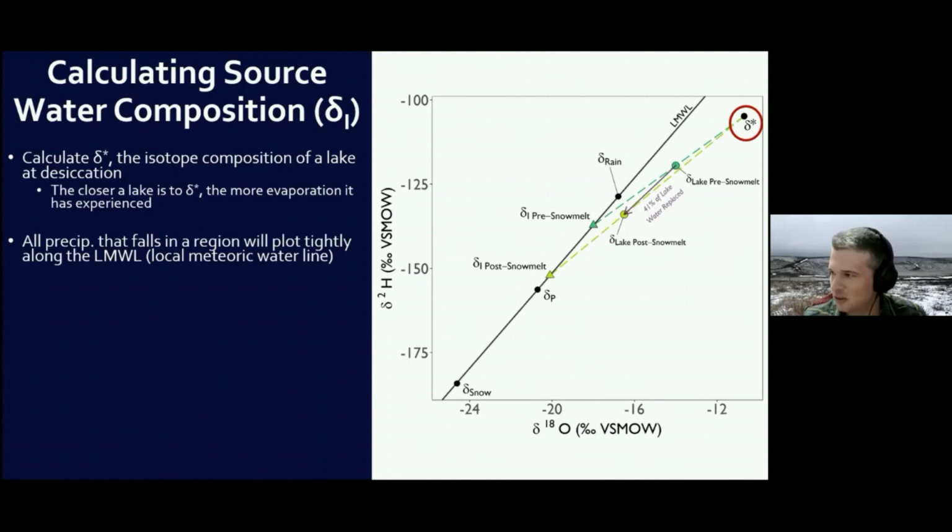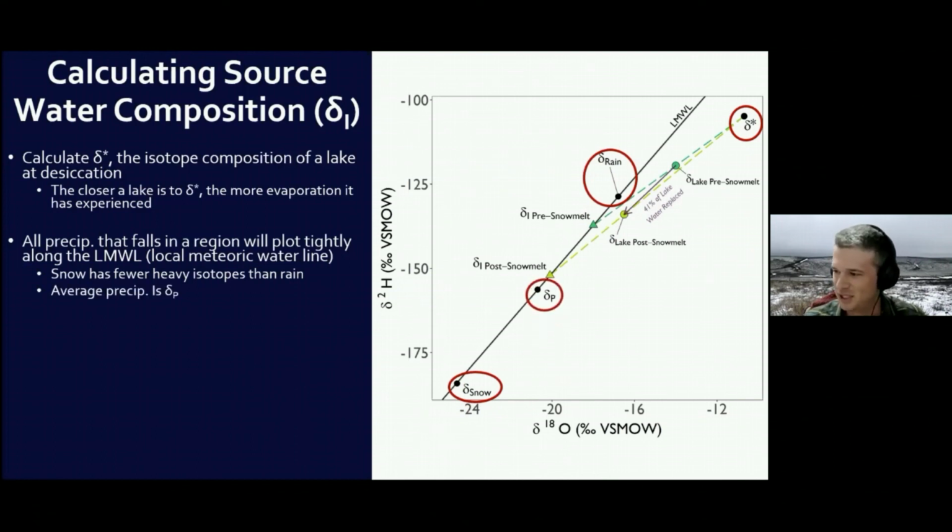We also have the local meteoric water line, which is this black line here, and all the precipitation in the region is going to fall pretty closely along that line. Snow is going to be further down the line, rainfall is going to be further up the line, and then the average of those two, which we call delta P, is halfway in between. We use those as our references.